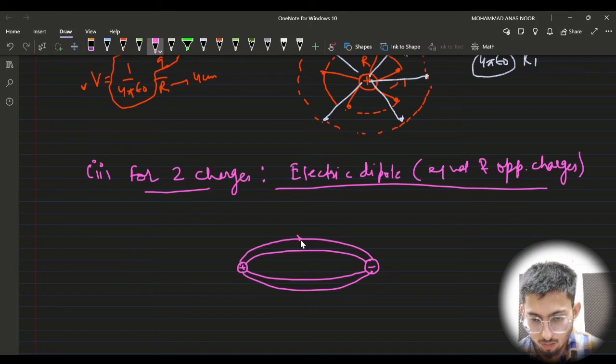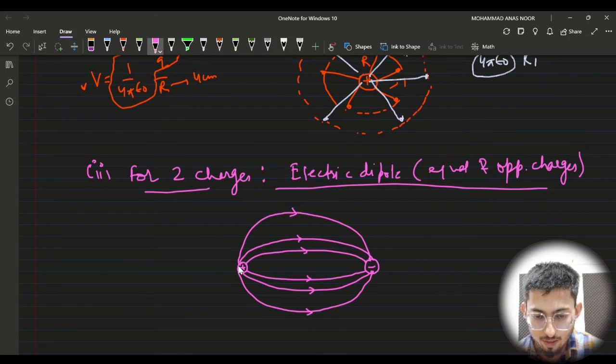It is going from positive to negative, right? They are not intersecting, it's just my drawing.